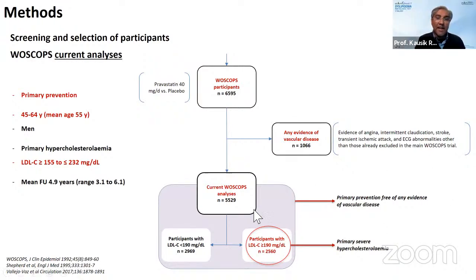So we isolated a population that was pure primary prevention, and we broke them down by LDL cholesterol above and below 190. Because we've got this extended open label extension period and linked data and follow-up, we could assess the benefits long-term.